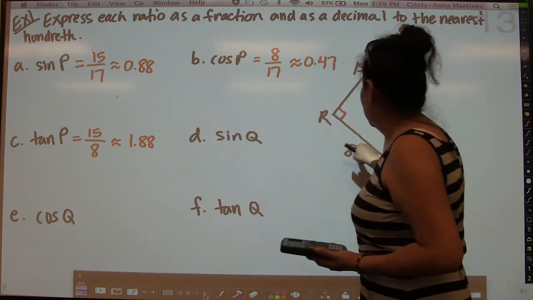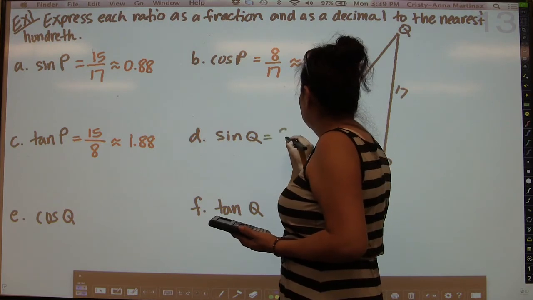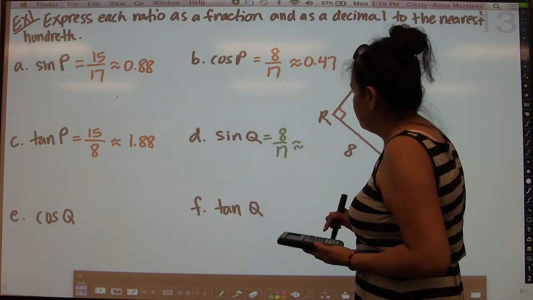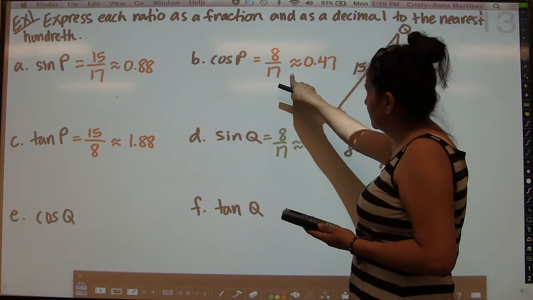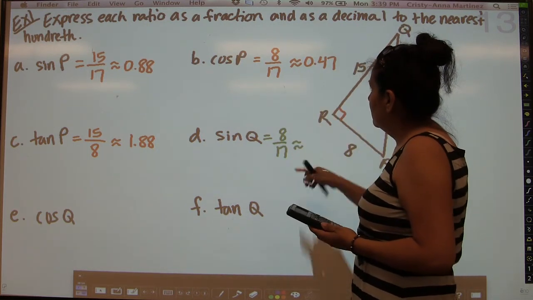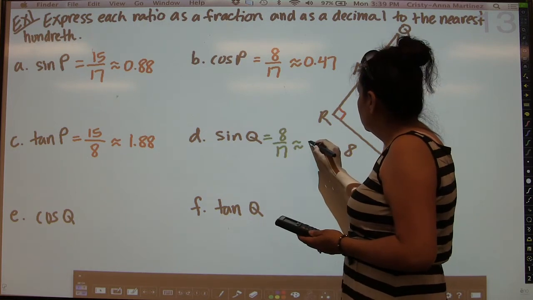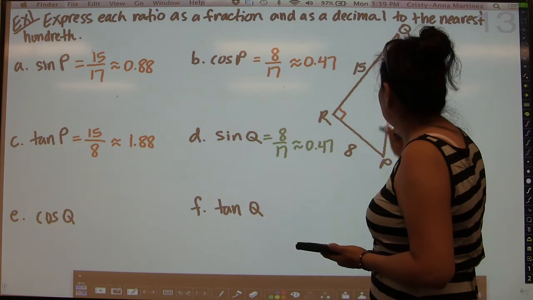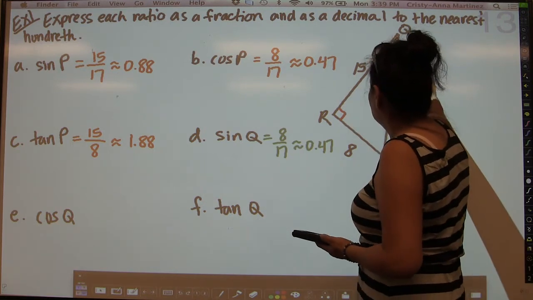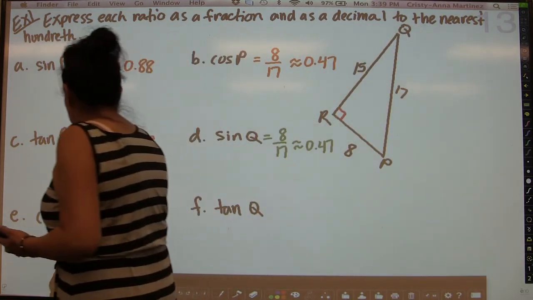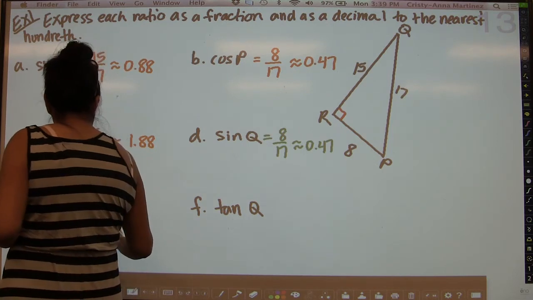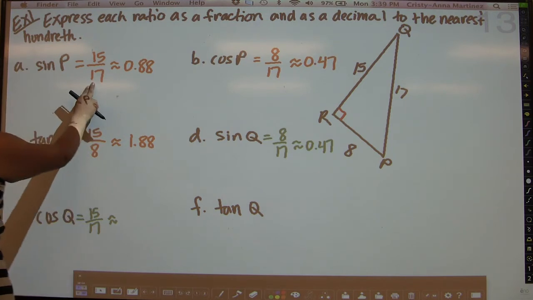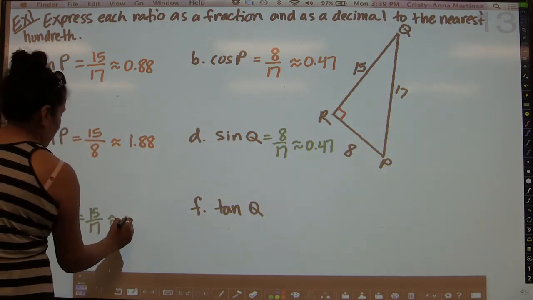So we're going to get 8 over 17, which is the same thing as cosine of P, if you'll notice that. Same ratio, so we're going to get 0.47. And then for cosine of Q, that's adjacent, which is 15 over the hypotenuse. So we get 15 over 17, which is the same as the sine of P, so we're going to get 0.88.